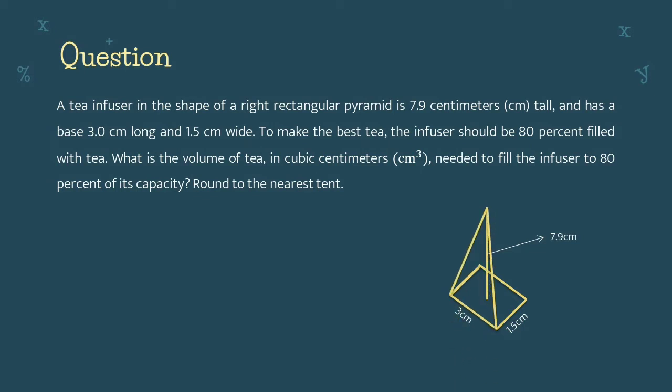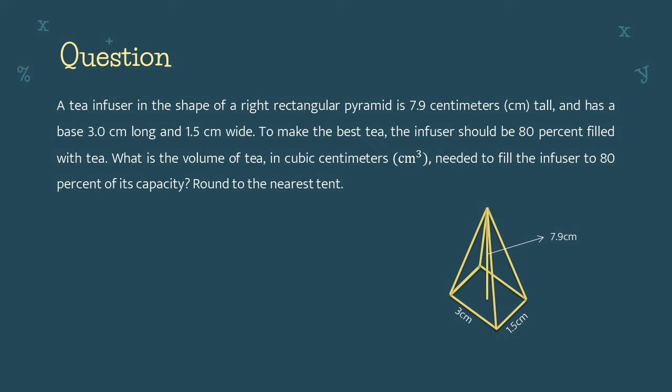So you could kind of think of the pyramids in Egypt, although this one's a little taller relative to its base, but you might have seen this fancy tea infuser. It's going to look something like this, and if it was transparent, we would be able to see this one right back here.